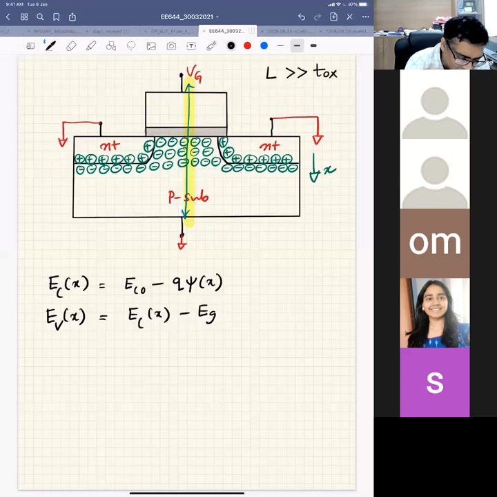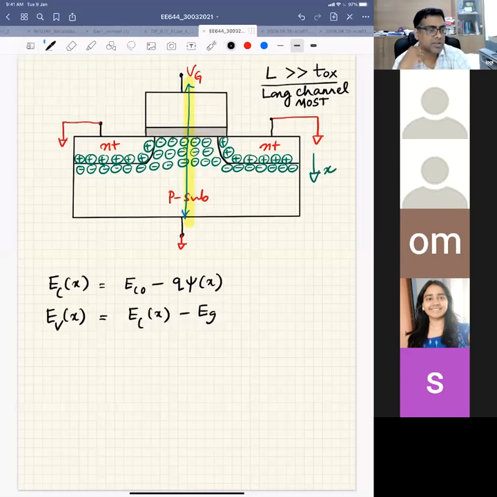So this is nothing but a long channel MOS transistor, because we will do all our analysis with a long channel MOS transistor, and once we understand it, then we'll go to short channel devices, right?